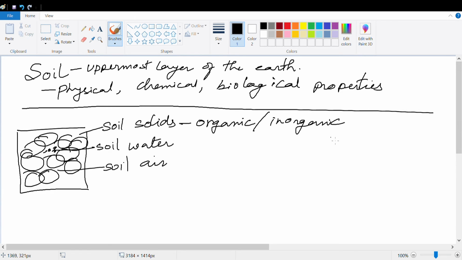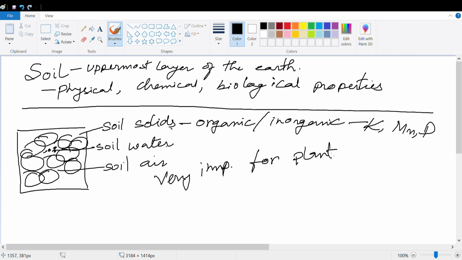And the inorganic materials could be some ions like potassium or manganese or say phosphorus. And we have the soil water as well as soil air. The relationship between these soil solids, water and air is very important for plant growth.